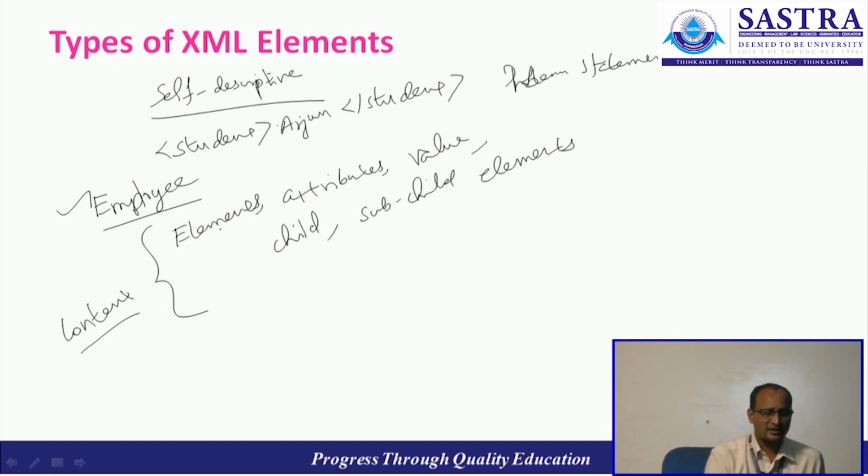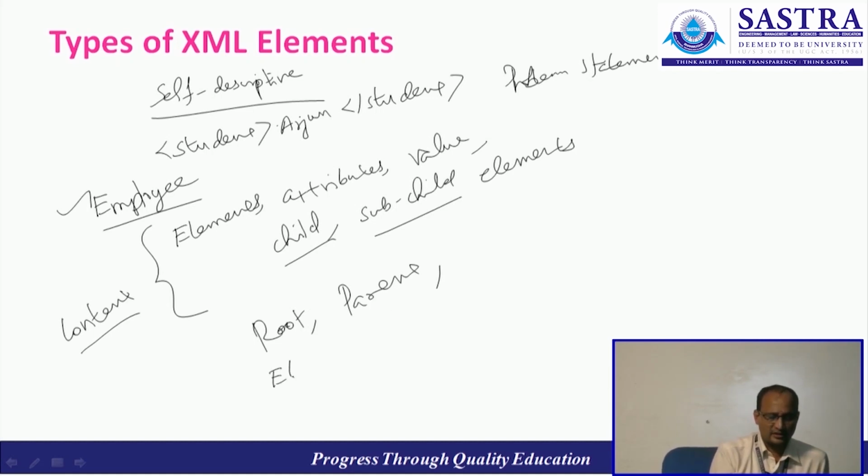The elements can be categorized as parent. Before that we have the root element, parent element, child and subchild elements. If we want to explore more about a particular element, it is possible with the help of an attribute.